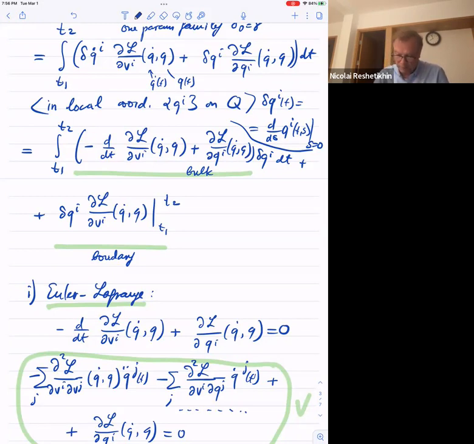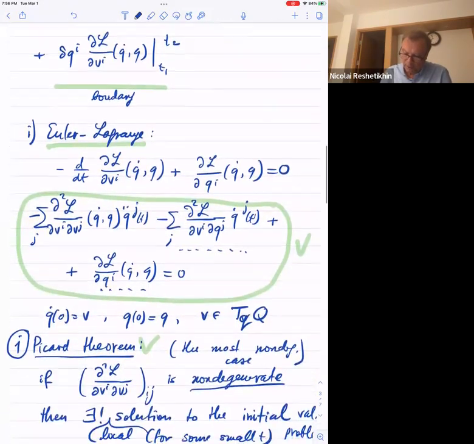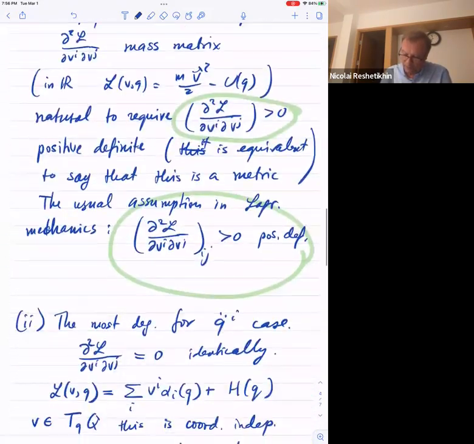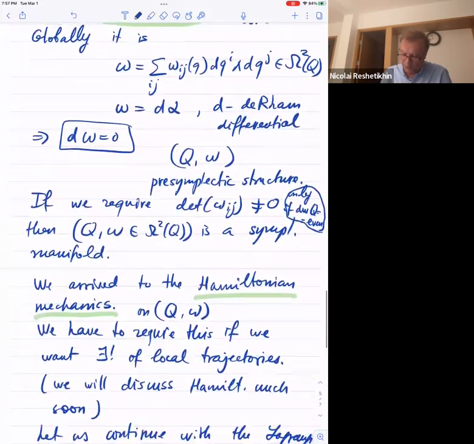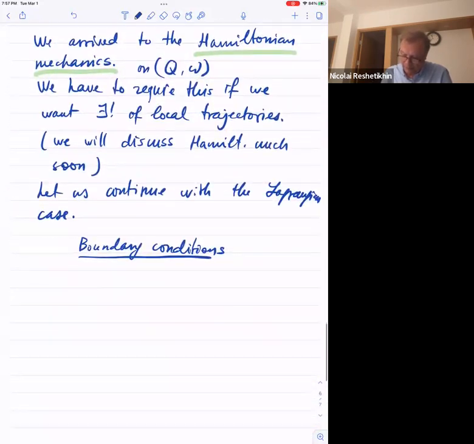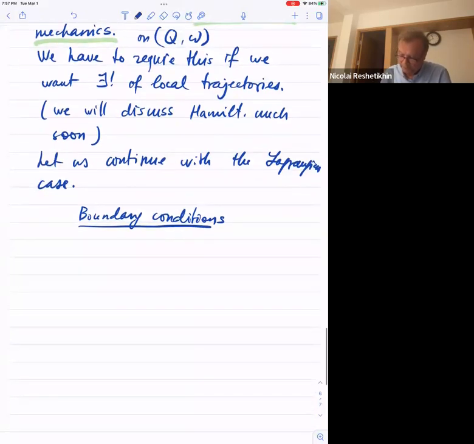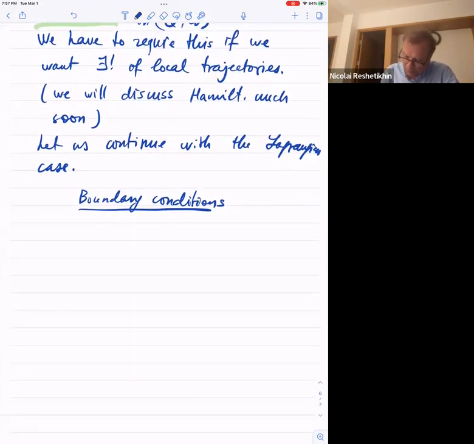But even if they're non-zero, we still have to fix solutions. And so far, we know only one way to fix solutions. It's the initial value problem. So let's consider something more general. So boundary conditions. What does it mean to have boundary conditions?